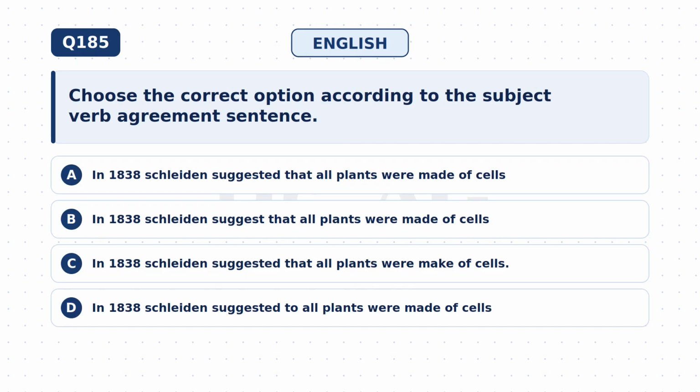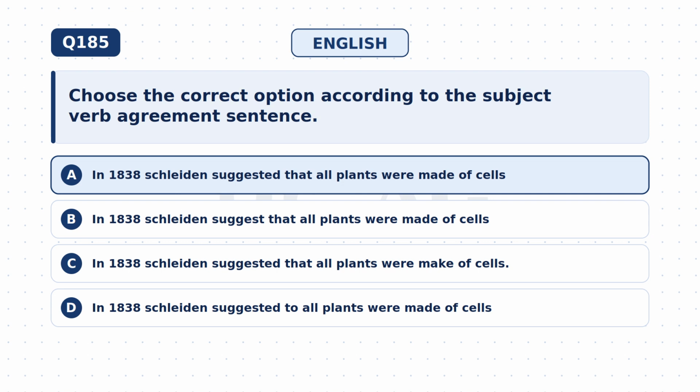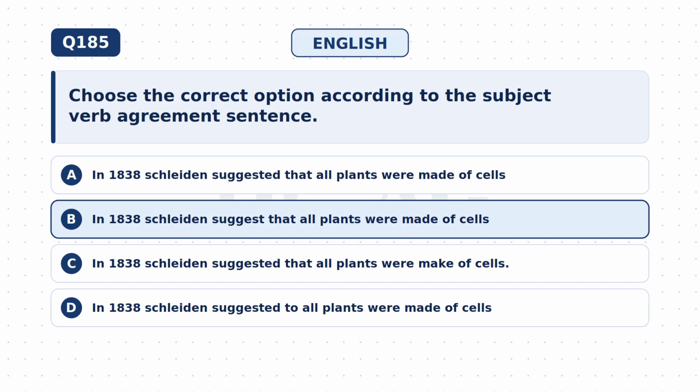Question 185. Choose the correct option according to the subject-verb agreement sentence. Option A, in 1838 Schleiden suggested that all plants were made of cells. Option B, in 1838 Schleiden suggests that all plants were made of cells.